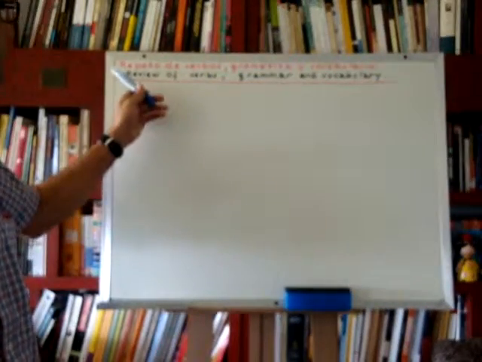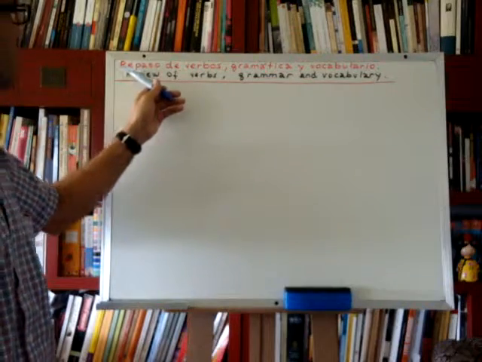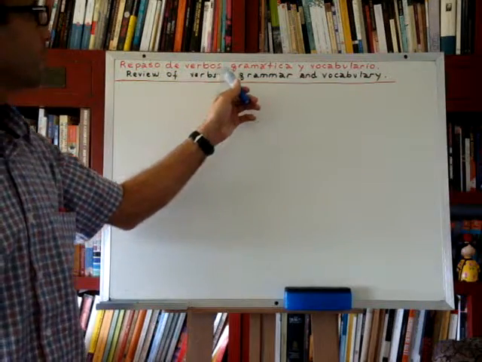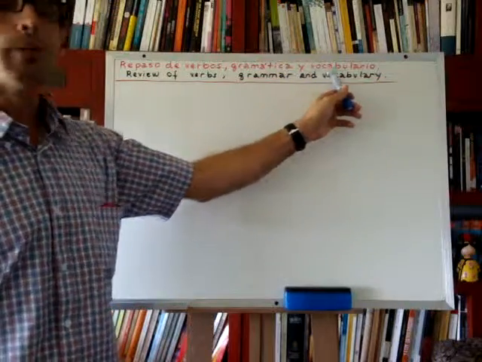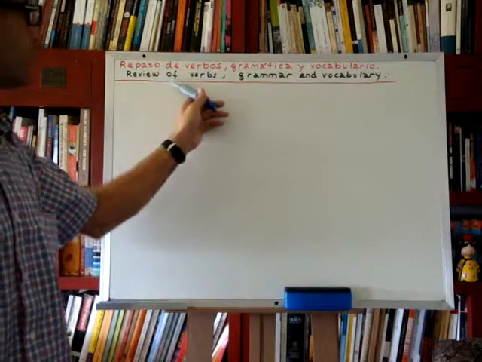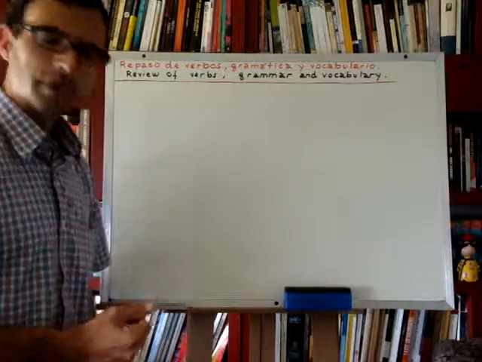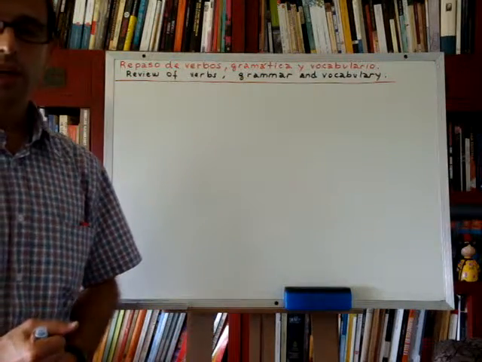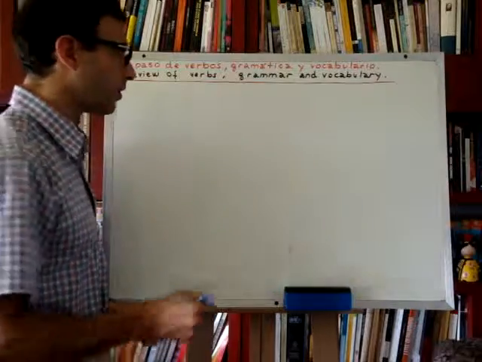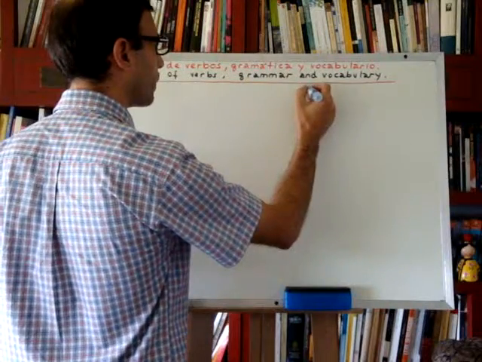So our title again, as in the last lesson, is Repaso de verbos, gramática y vocabulario. Review of verbs, grammar and vocabulary, right? So, remember how we say clothes in Spanish? The word for clothes is ropa.